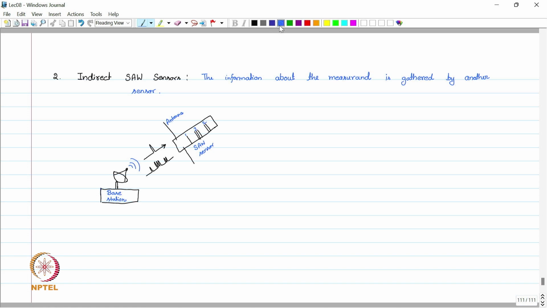So this will be our reflected wave. And this is our transmitted wave.